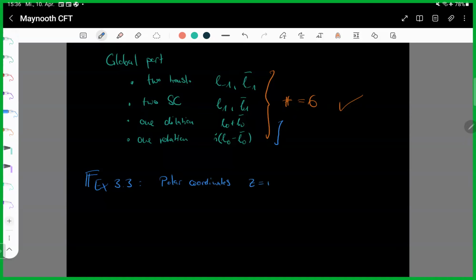Those are just z equals r e to the i sigma. And show that L0 plus or minus L0 bar correspond to dilations and rotations.